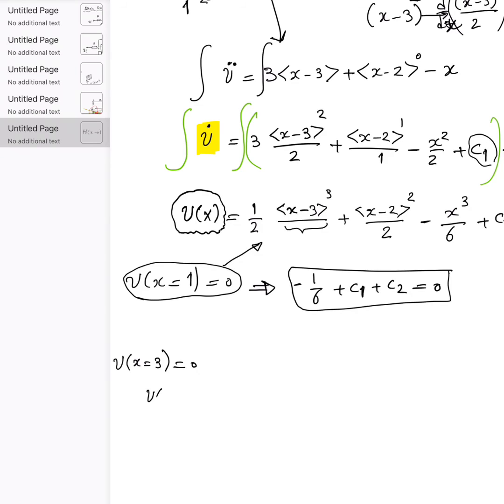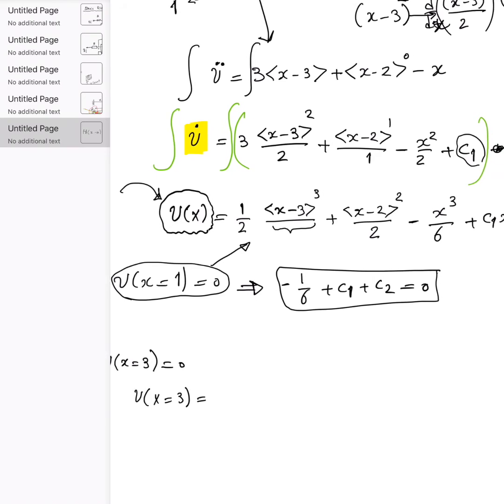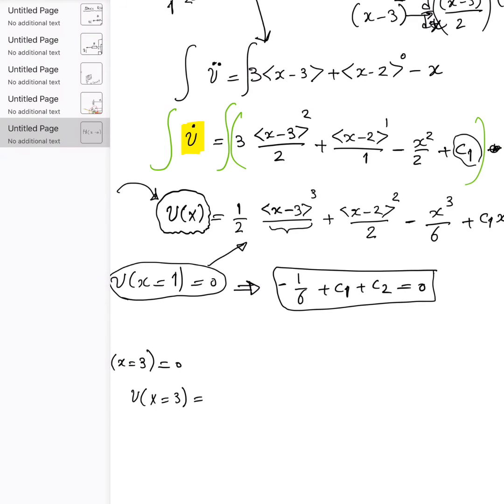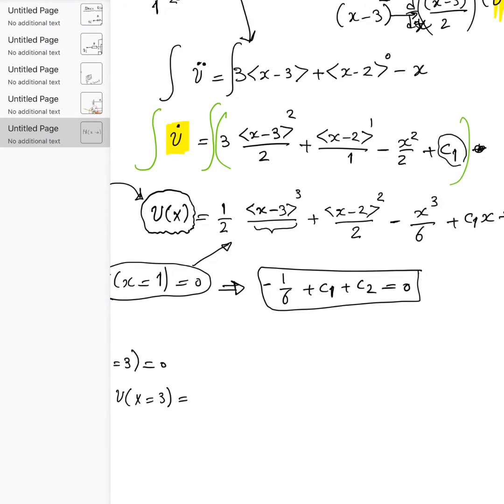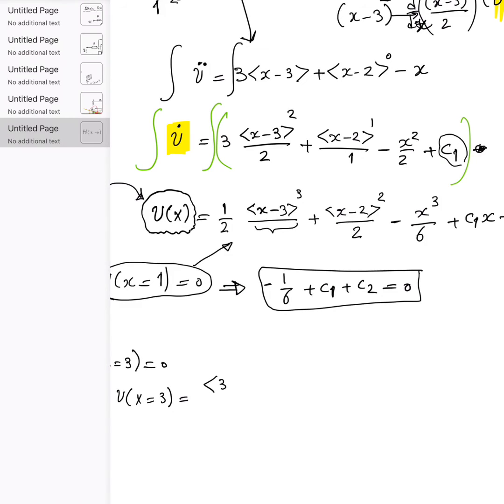V at x = 3 is equal to, the first term is 0, obviously. The second term, if you put x = 3, the Heaviside, well, because 3 is greater than 2, this simply becomes parentheses.